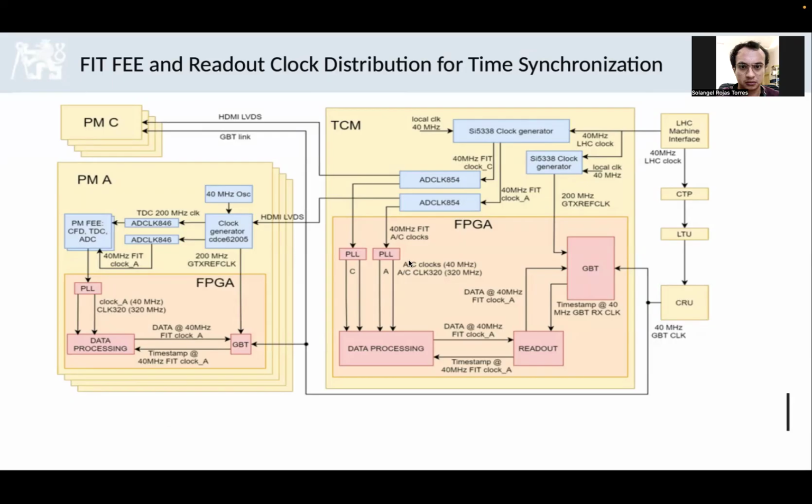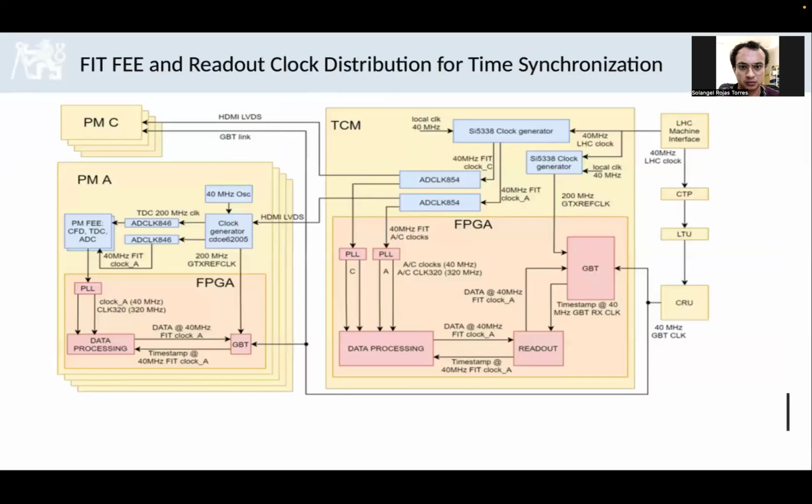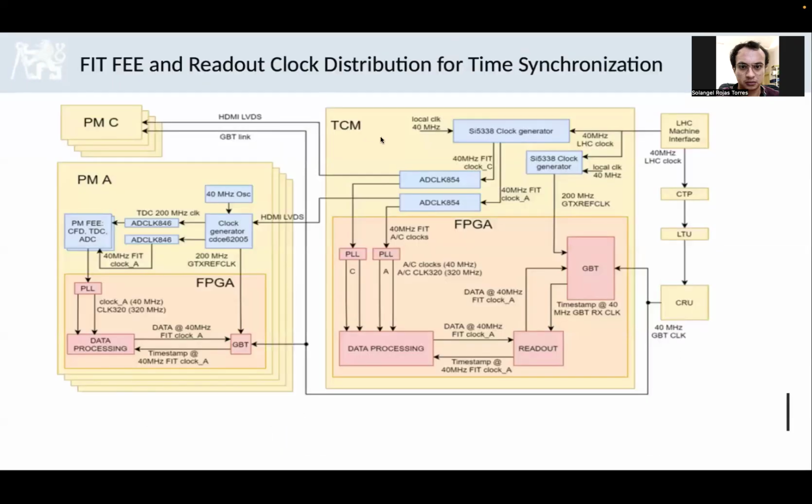We are not going to do this one. This is just the time distribution over the different modules, the time and clock module. I forgot the name. The time and clock module distributes the clock from the LHC to the different boards of this detector.